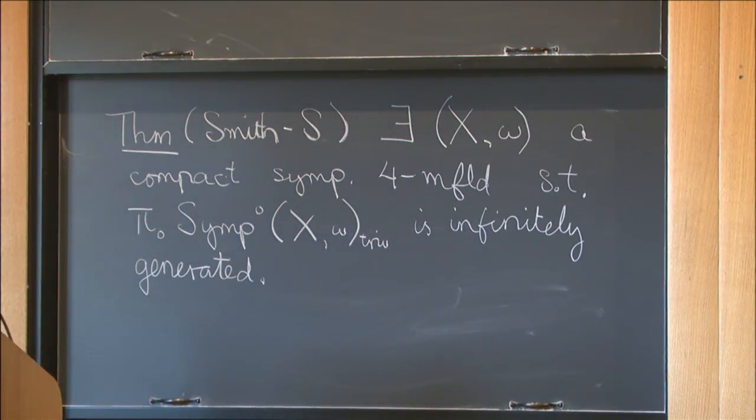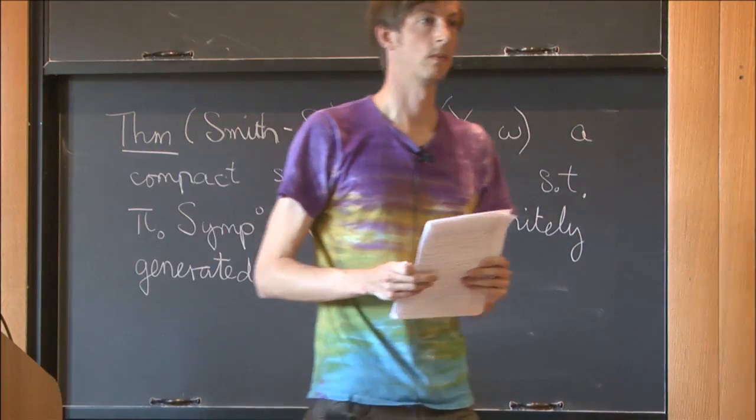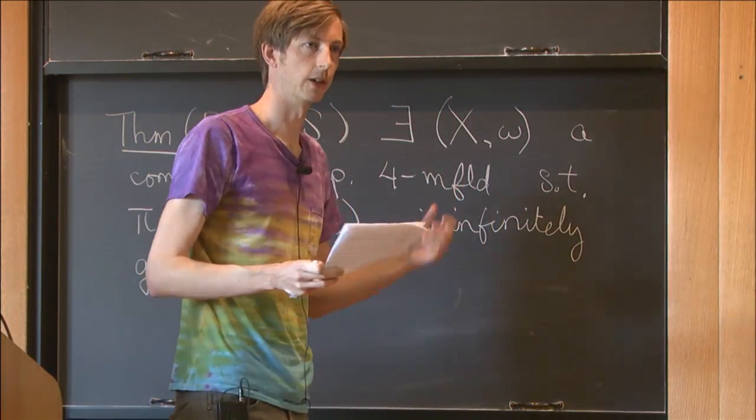So our result is that you can find a compact symplectic four-manifold such that the smoothly trivial part of the symplectic mapping class group is infinitely generated. Is it known that the group is countable or not? Countably infinitely generated, yes.